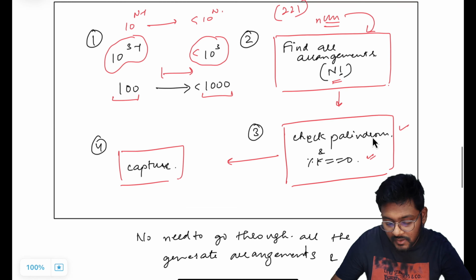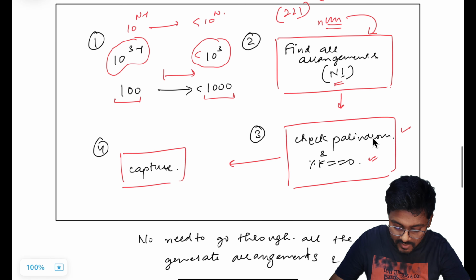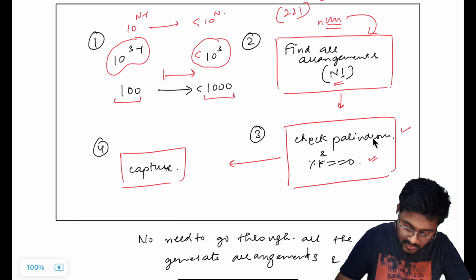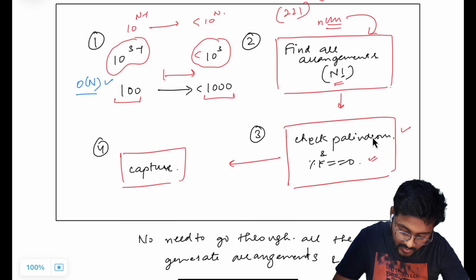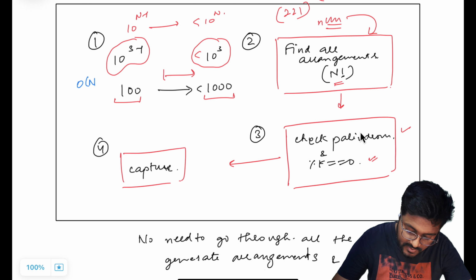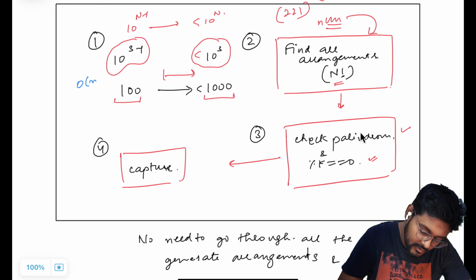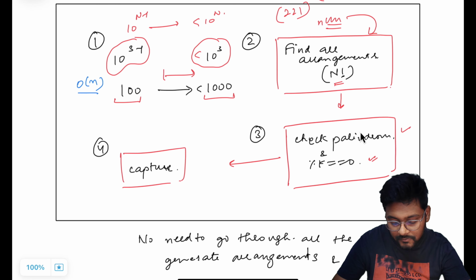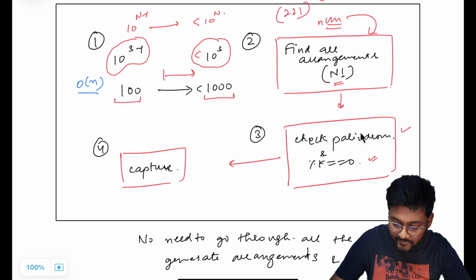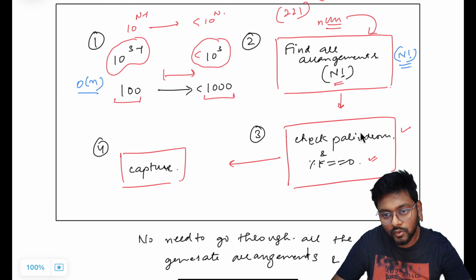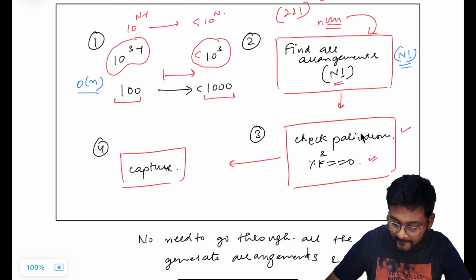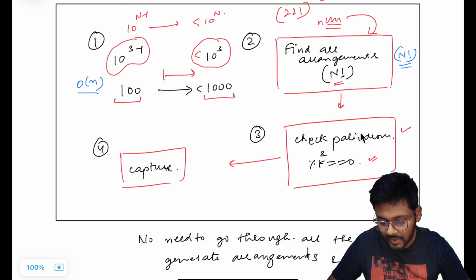This is something given in the problem statement. They have asked us to do it like this. So in this case, let's say small n is the number of digits, and for every number we can go n factorial to generate all the arrangements, and then we have to check the palindrome and capture it.